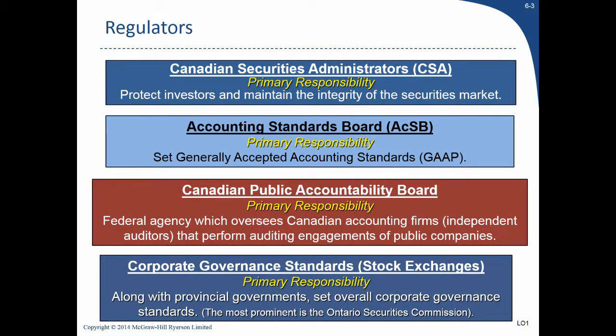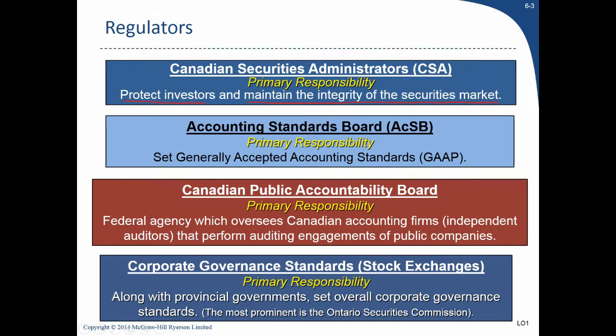But there's a lot of different groups. Regulators, Canadian Securities Administrators, the CSA, their primary responsibility is to protect investors and maintain the integrity of the securities market. What on earth does that mean?